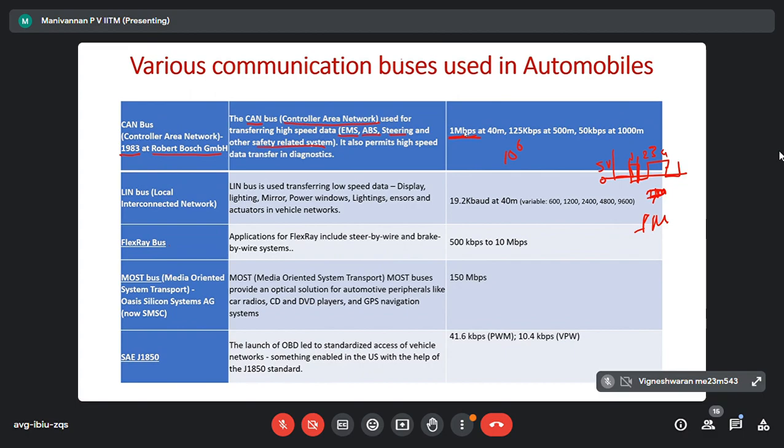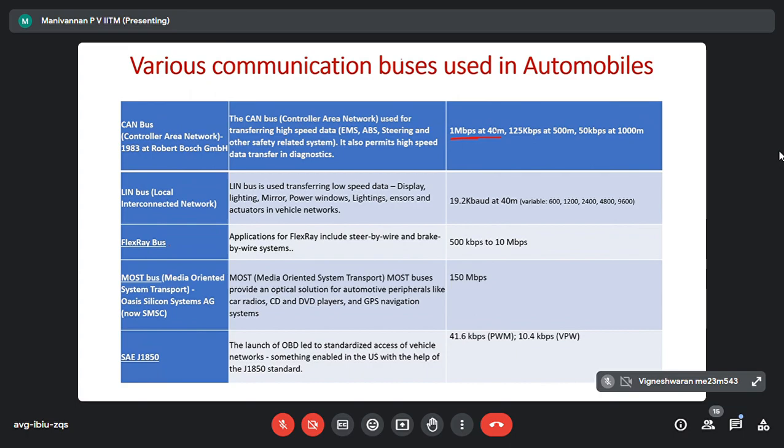We had RS-232 and RS-422, and SAE J1850. These buses were there at that time. So when CAN bus was introduced, it was a very high speed bus. It can transfer data up to 1 megabit per second.